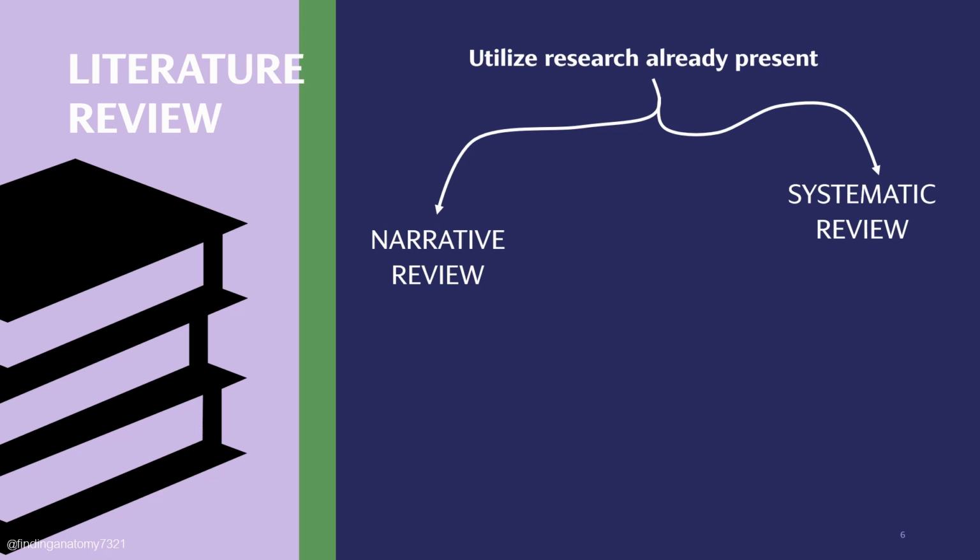By design, it specifies which exact articles you'll be using. You won't be using articles outside of that once you have specified the design of the review. So a systematic review is more rigid, more structured, but it's also easier to replicate and thus more sound from a scientific view.